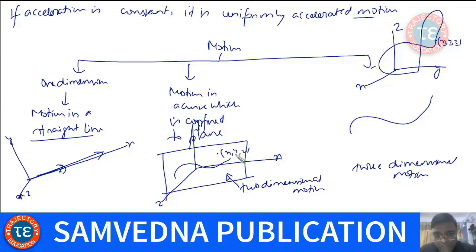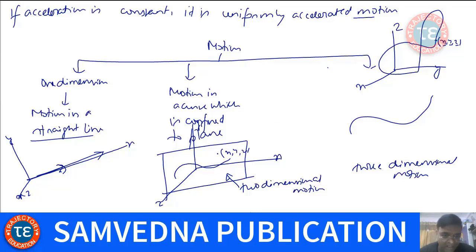So if only two coordinates are changing with time, it's a two-dimensional motion. Here only one coordinate changing with time, it's one-dimensional motion. Here all the three coordinates are changing with time, it's called three-dimensional motion. That's what we mean when we say one-dimensional, two-dimensional, or three-dimensional motion, right? Get your point?